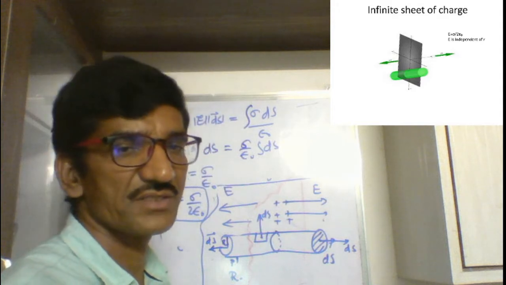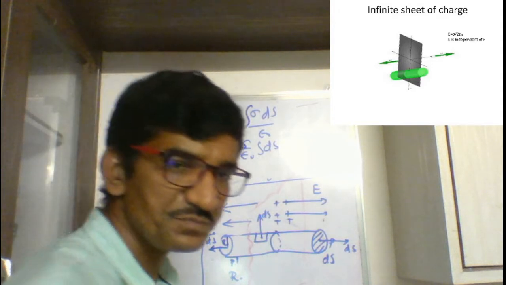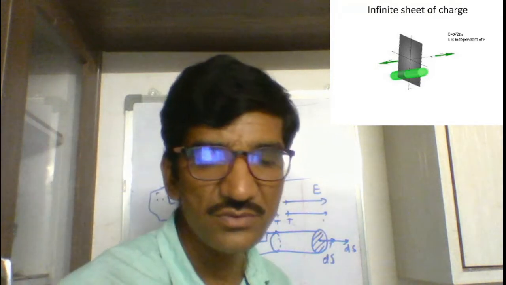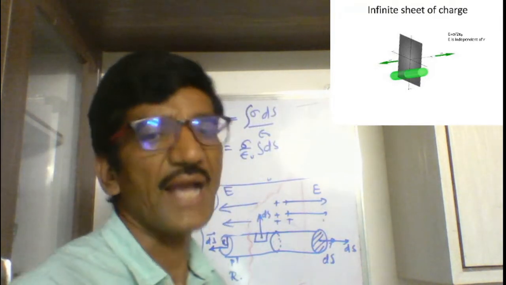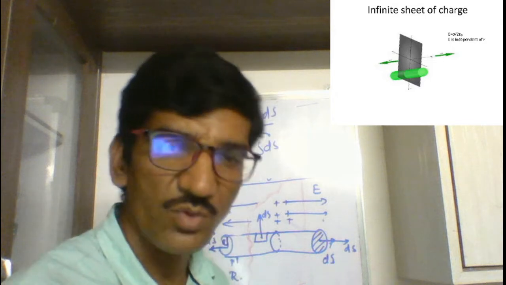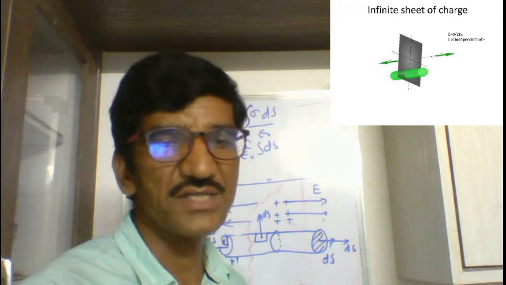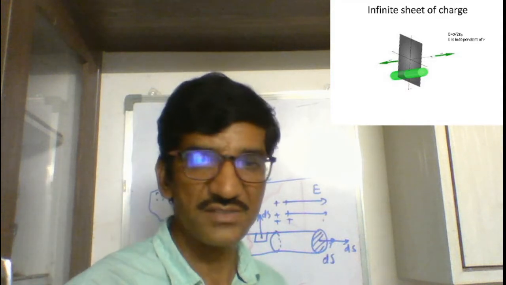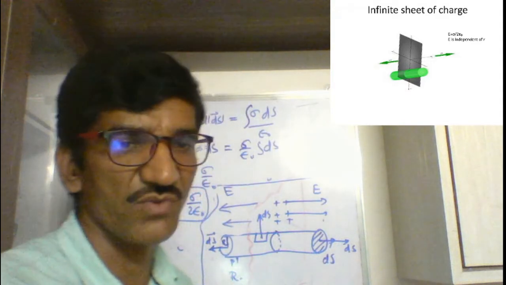If you increase the charge in the unit area, then most obviously you have a high field on both sides of the infinite sheet of charge. Field intensity increases as you increase the sigma. That is our conclusion, the physical meaning of this formula.